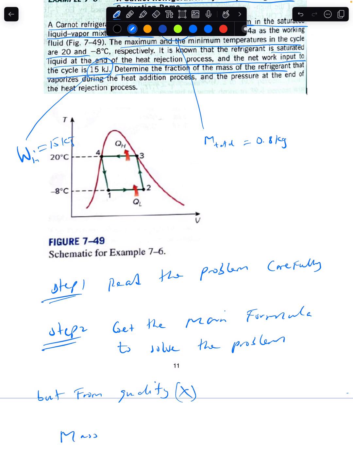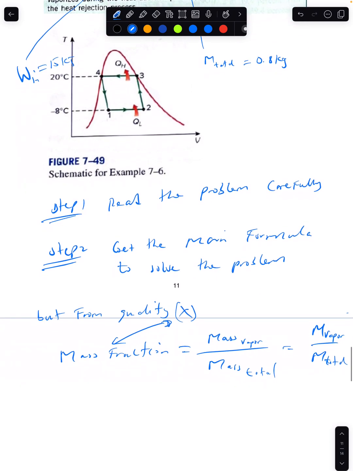The mass fraction, which is quality, is equal to the mass of vapor over the total mass, and the total mass is 0.8 kilogram.